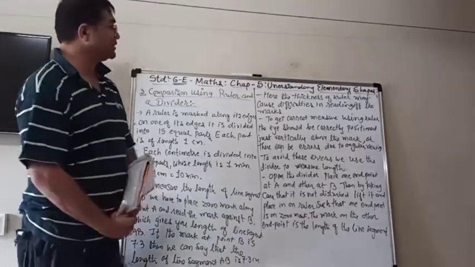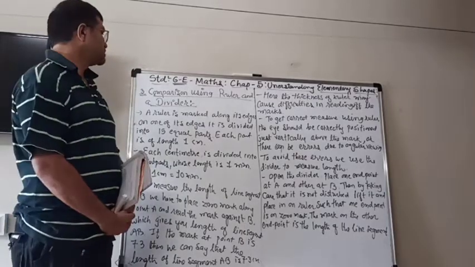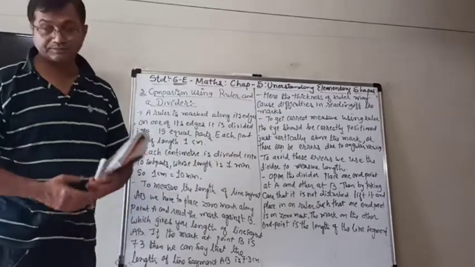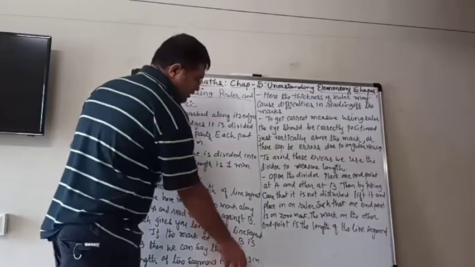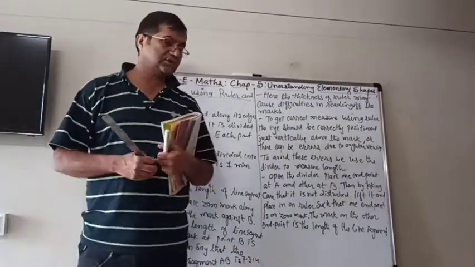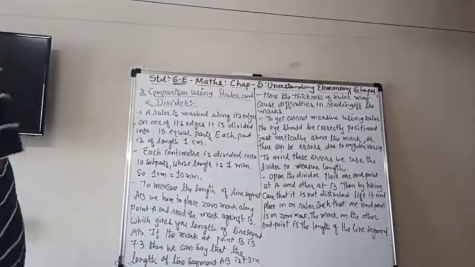So now there is the third method: comparison using a ruler and a divider. Now everybody is familiar with the ruler. We know that rulers can be of different sizes.